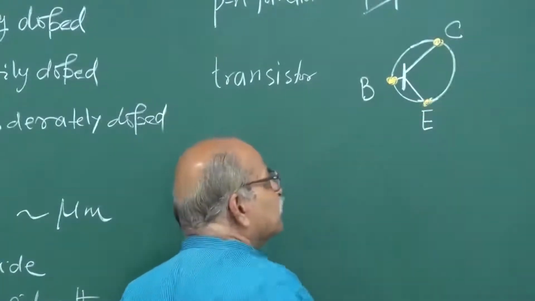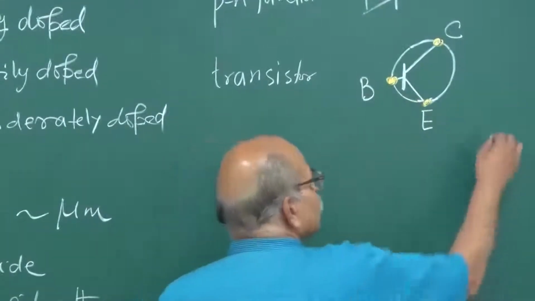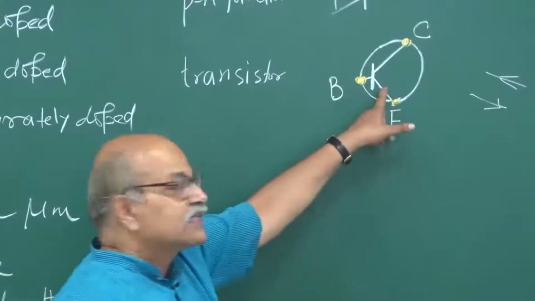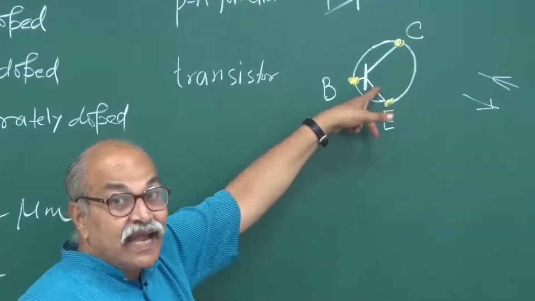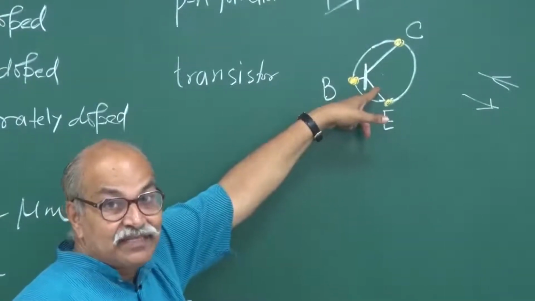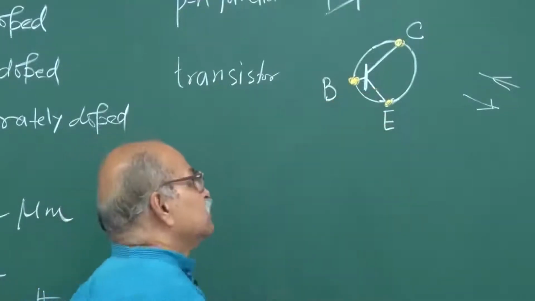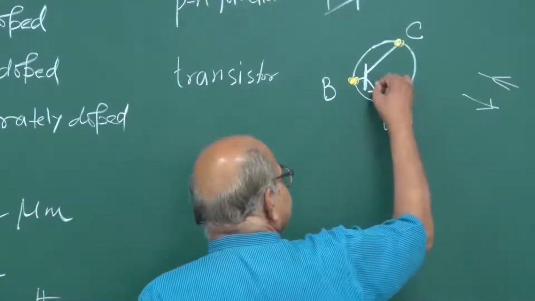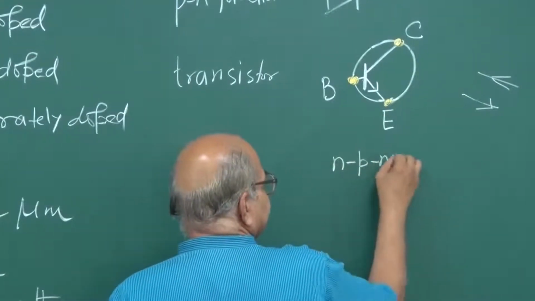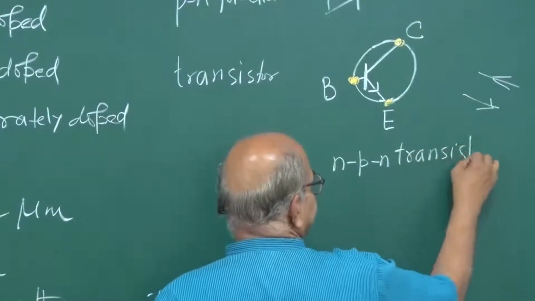Arrows can be put in two ways, and that decides whether it is a symbol for an NPN transistor or a PNP transistor. If I put an arrow here, this is the symbol for an NPN transistor.